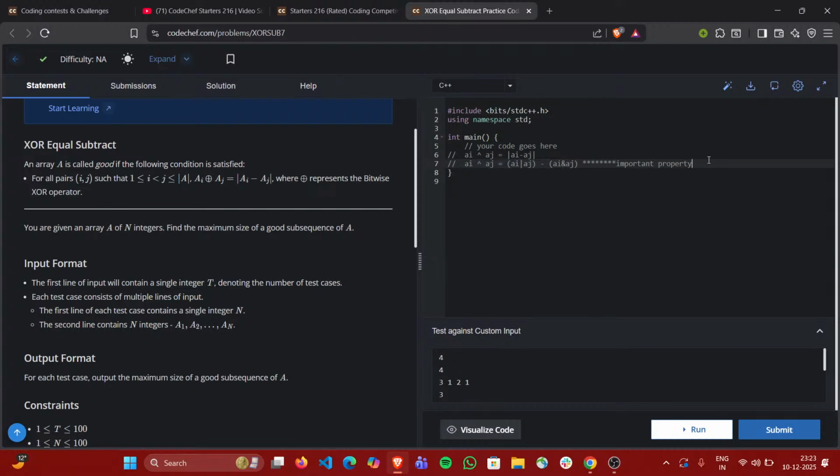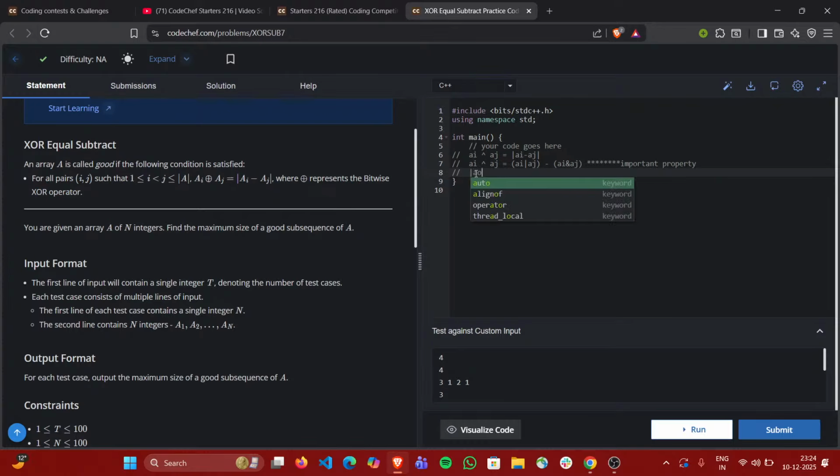So we want that ai OR aj minus ai AND aj is equal to mod of ai minus aj.